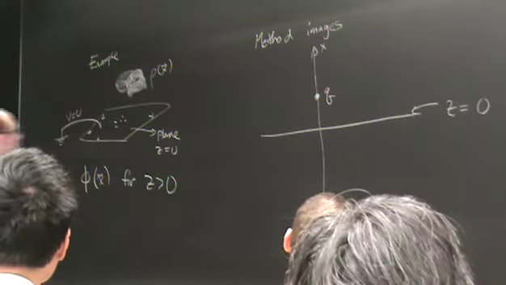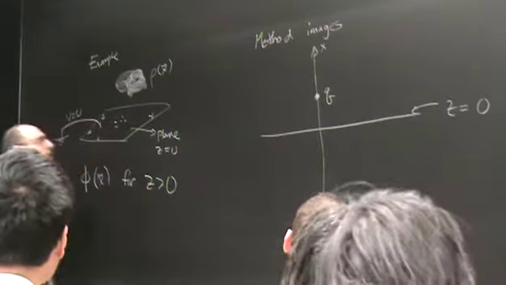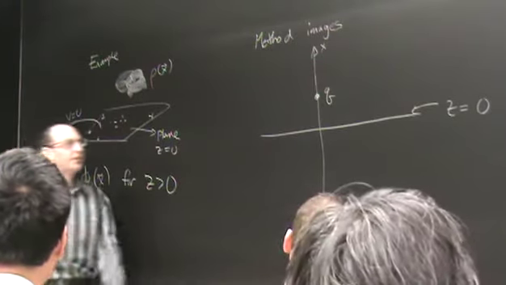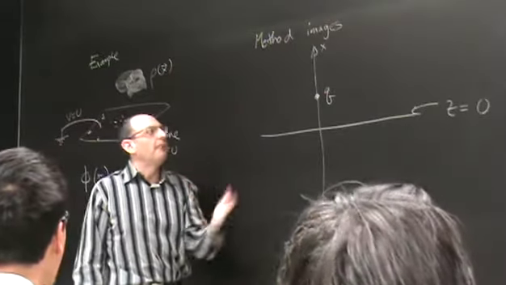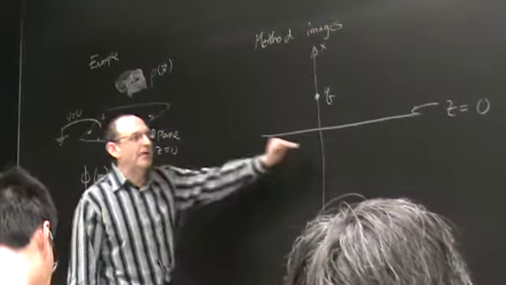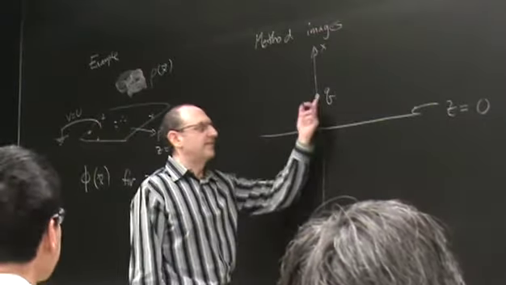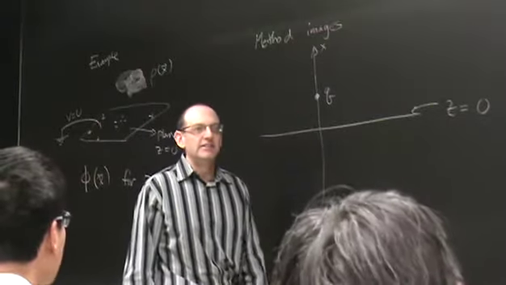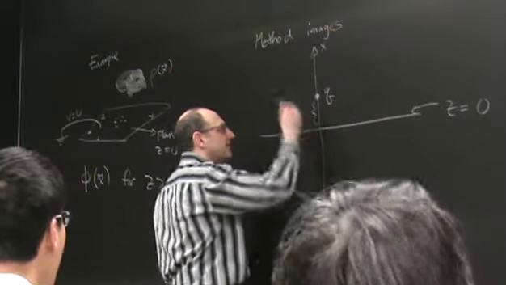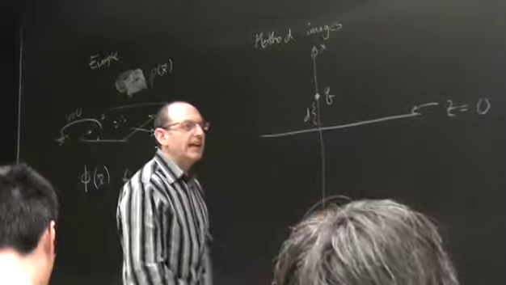If I know the solution for a point charge, then I know the solution for an arbitrary distribution, because I just convolve that. So what's the solution? The solution has to satisfy the boundary conditions and the fact that there's a point charge here. And we can write that instantly if this is a distance d above the plane.